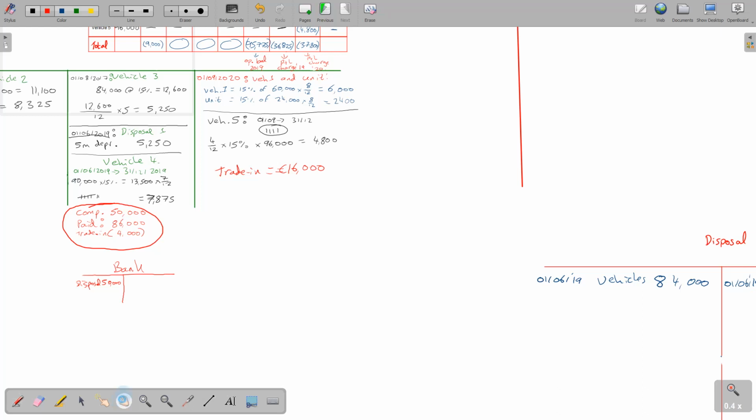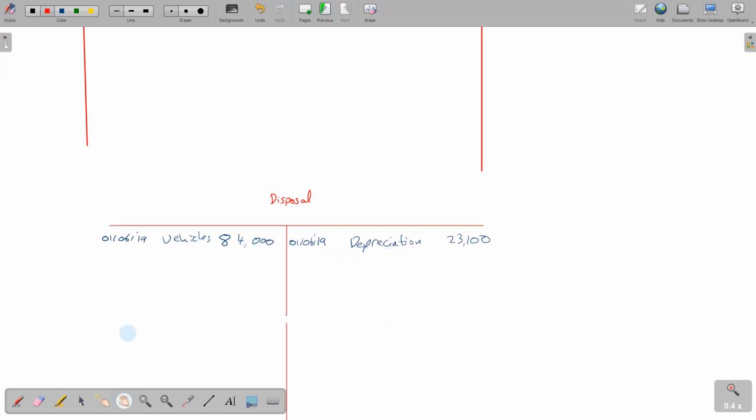So that would make this figure here 50,000, and we got a trade-in of 4,000. So the first of the 6th, 19.